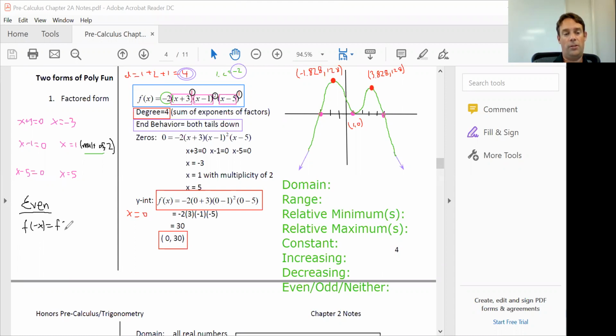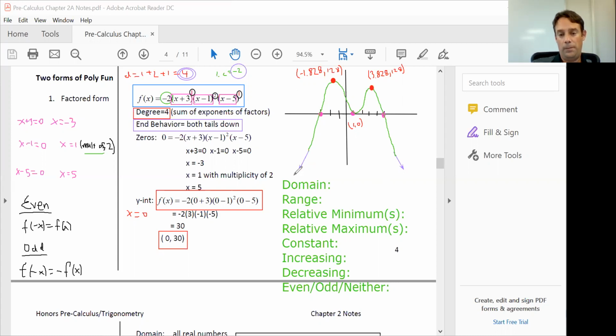And we tested a lot of these guys in the first chapter. While I'm doing this, you can finish up here. F of negative x equals negative f of x.